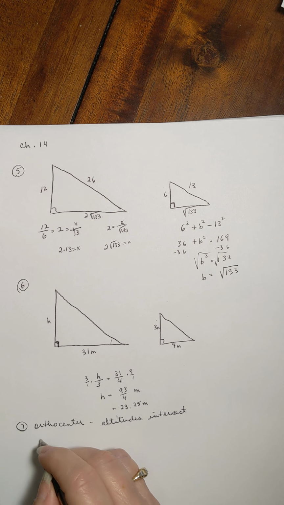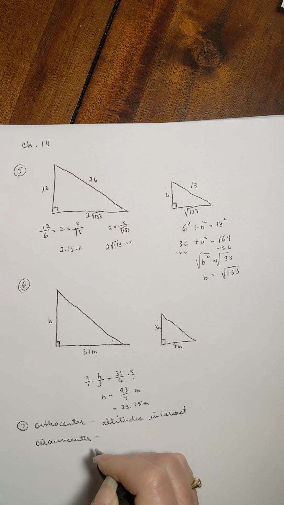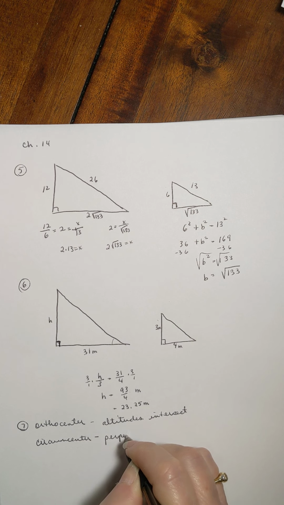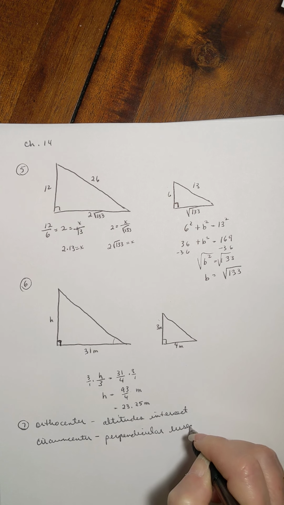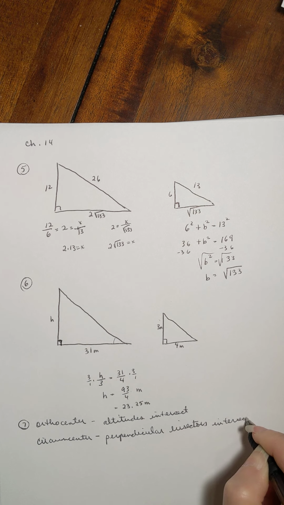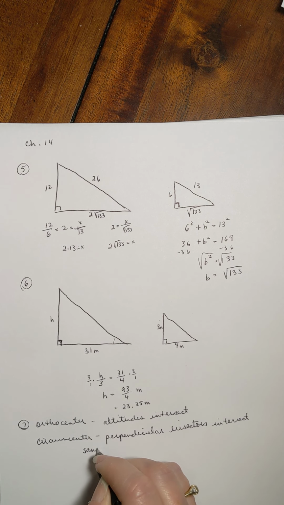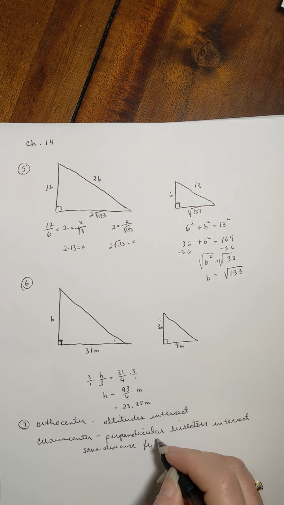And then the circumcenter, and that's where all the perpendicular bisectors intersect. And so it also gives you the point that's the same distance from all the vertices.